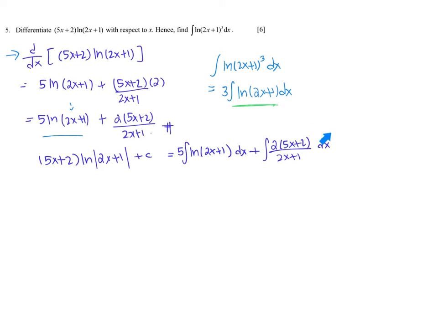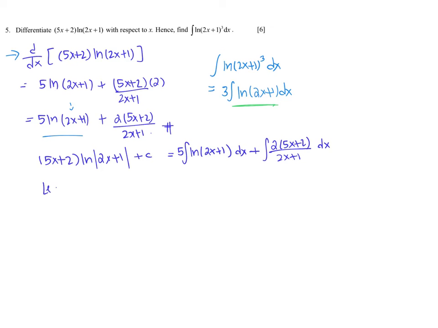But let's wait a minute, let's take a look at the second term that we are supposed to integrate here. Are we able to integrate it immediately? Well, no, right? Because if you look at the degree of the numerator and the degree of the denominator, they are both power 1. So this is an improper fraction. So we need to perform our partial fraction to decompose this fraction first.